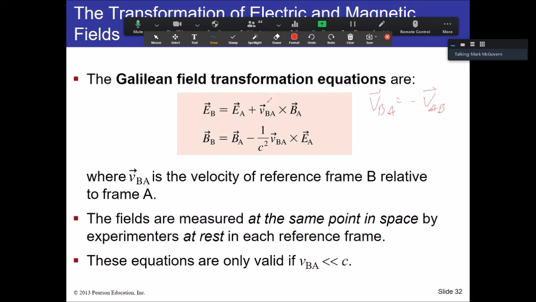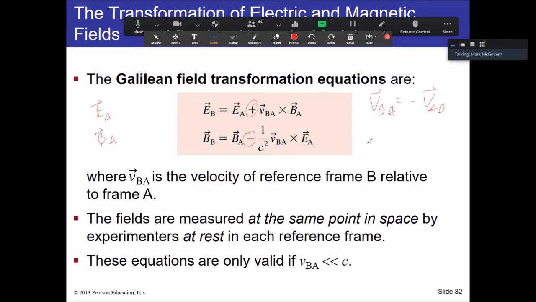So if you go here and you make this plus sign a negative, and you make this minus sign a positive, and you swap all the subscripts, now you have statements of what the electric and magnetic fields in A would be if you knew what B was. I don't know if you remember that trick from reference frame stuff, but swapping subscripts just requires you to switch velocity signs.